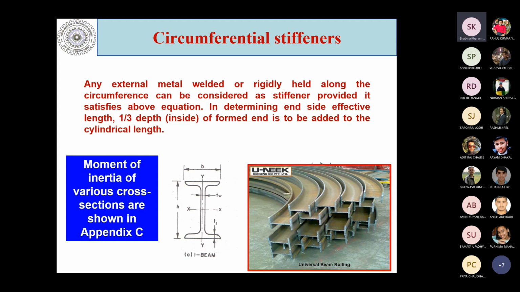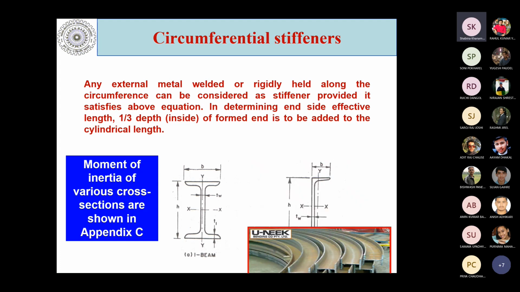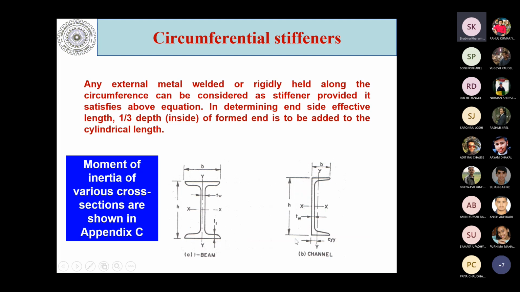So this is for the I beam. Similarly for the channel, this is the total height, width is B, and if it is welded from this side, I need to consider that as the required moment of inertia, and if it is welded from this side, Ixx will be considered as the moment of inertia, right?